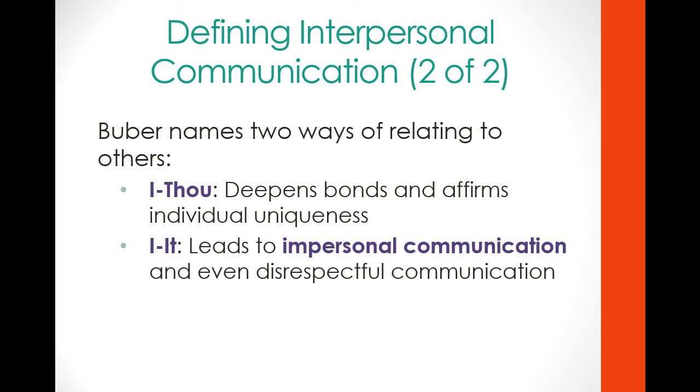The I-it communication is going to refer to ways of relating that focus on differences and amplify the view of the other as an object of exploitation, leading to disrespectful, manipulative, and exploitative communications. The distance between us and others thickens to the point of becoming impenetrable.